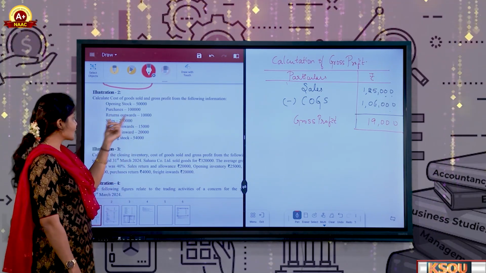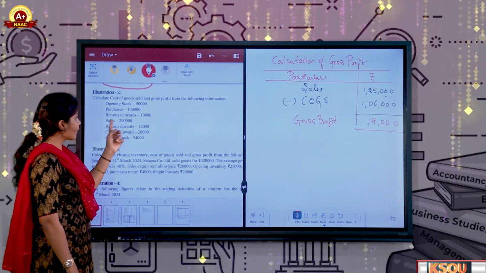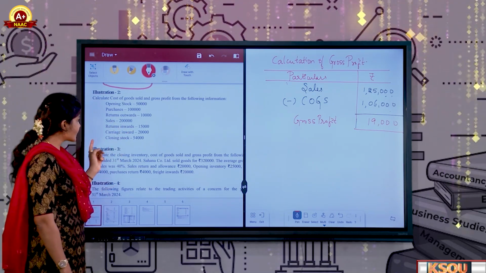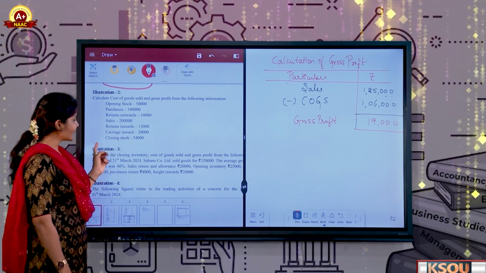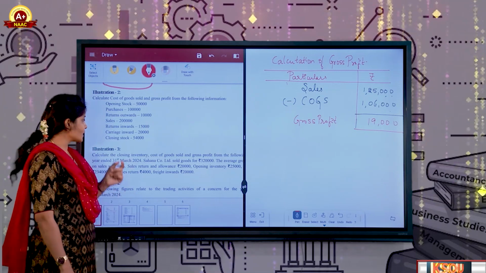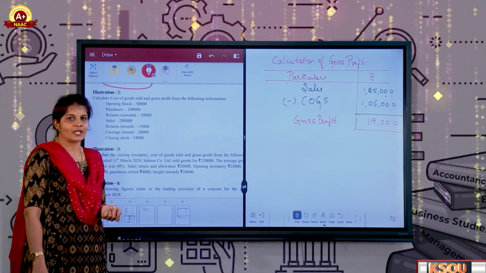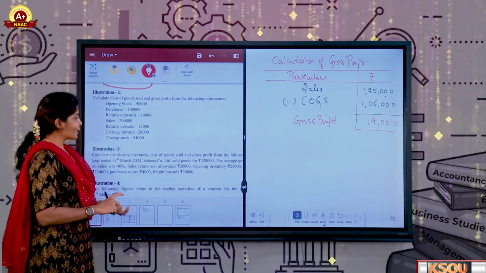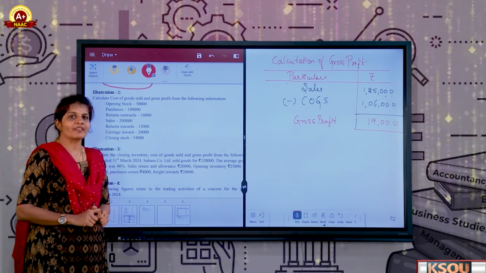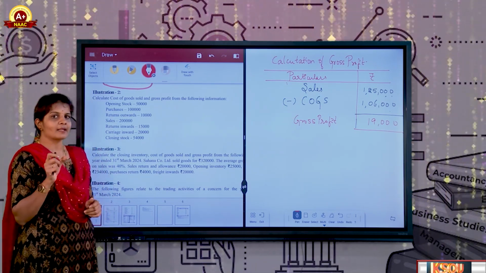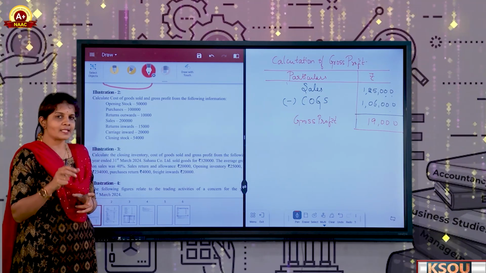We have opening stock here, purchases, return outwards of 10,000, sales 2 lakh, return inwards 15,000, carriage inwards 20,000, closing stock 54,000. Okay, here earlier to this, in the previous problem, we had information like purchase return, sales return, etc.